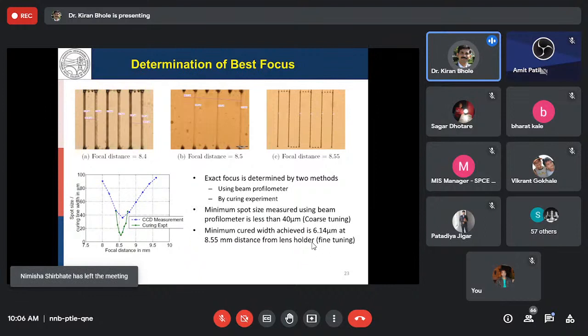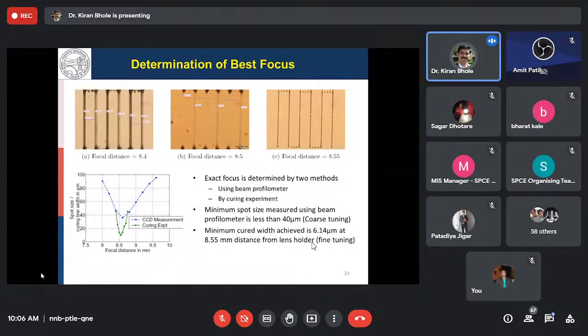So far we have seen the design aspects of this MSL system. Now we are into the fabrication of the component. During the fabrication, we have employed the focusing lens from Newport, and Newport gives the focusing distance of this lens optical system.